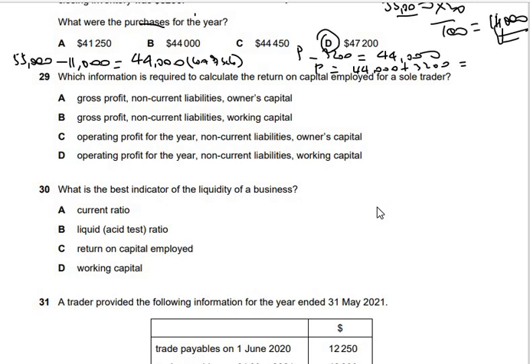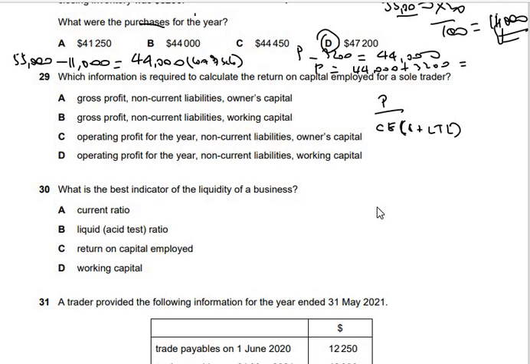29. Which information is required to calculate the return on capital employed? Remember, return on capital employed is the percentage of the profit over the capital employed. Remember, the capital employed is capital plus long-term liability. I think we had another question like this before.